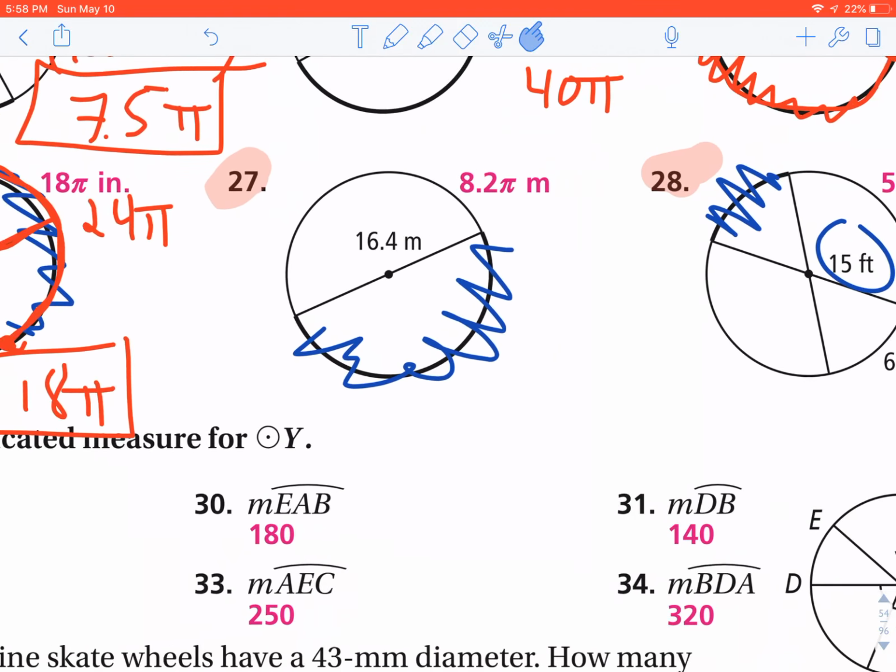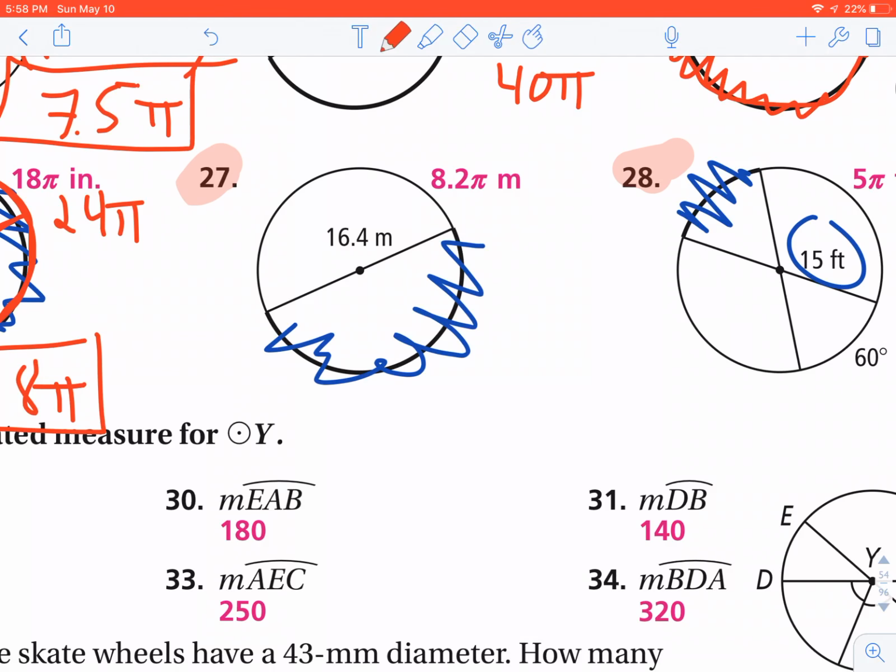27, this one's super easy, okay? The circumference of the whole thing is just 16.4 pi. That's the circumference of the entire circle. Well, this is a semicircle, so you only want half of that. So technically, it's 180 degrees out of 360. But that fraction, if you don't catch this, reduces down to a half.